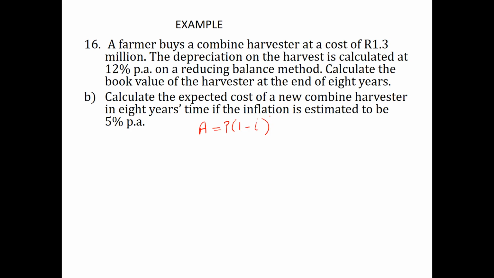So for now, I'll just write n, and we do have the current value of this asset. The current value of the asset is 1.3 million. So where there is P, I will simply put that 1.3 million. Where there is i, I will simply write the depreciation rate. And then where there is n, I will simply put in 8. Put this into your calculator.